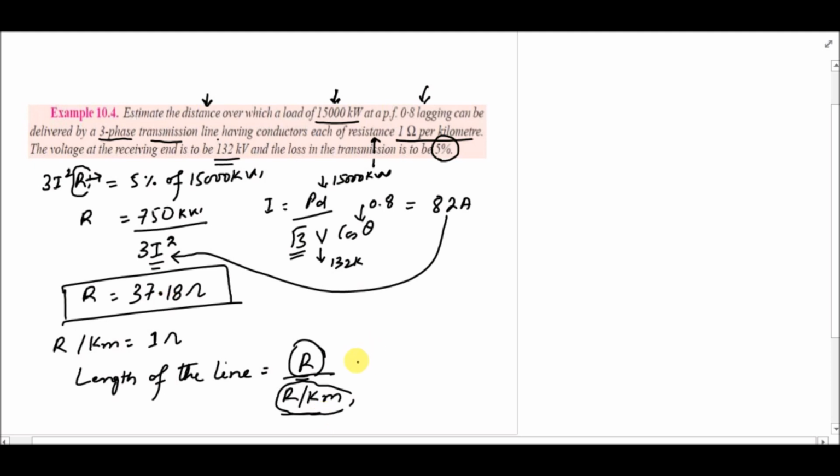So total resistance is 37.18 divided by 1 is equal to 37.18 kilometer. So this should be the length of the transmission line if you have to deliver the load of 15,000 kilowatt, and the maximum losses in the line should not exceed 5%.